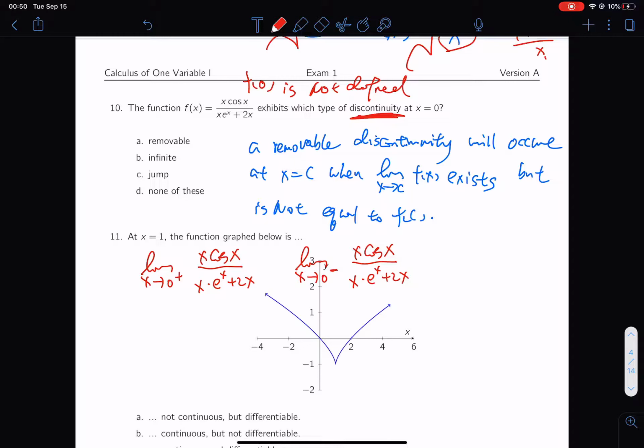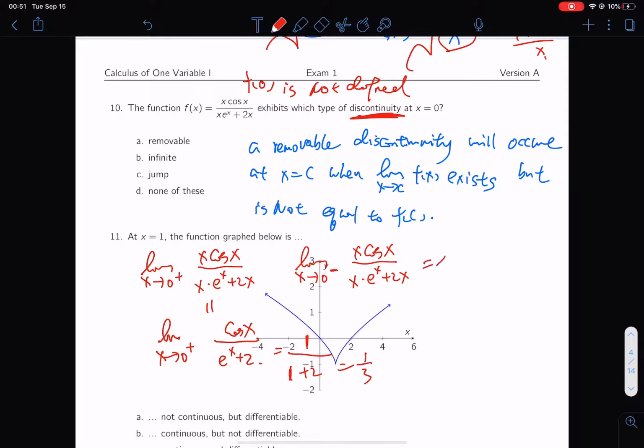Okay, so you can see here in the numerator and the denominator we have a common factor, that is x. So this is just equal to the limit as x approaches 0 plus of cosine of x divided by e to the x plus 2. If you plug in x is 0, then we have 1 over 1 plus 2, which is 1/3.